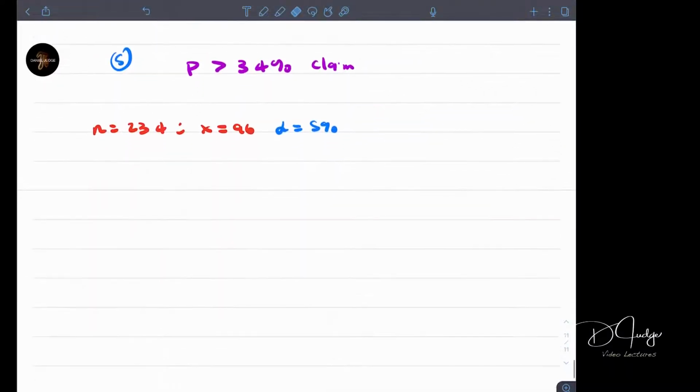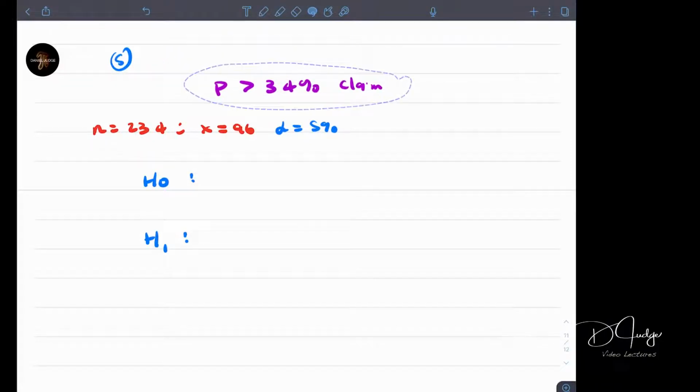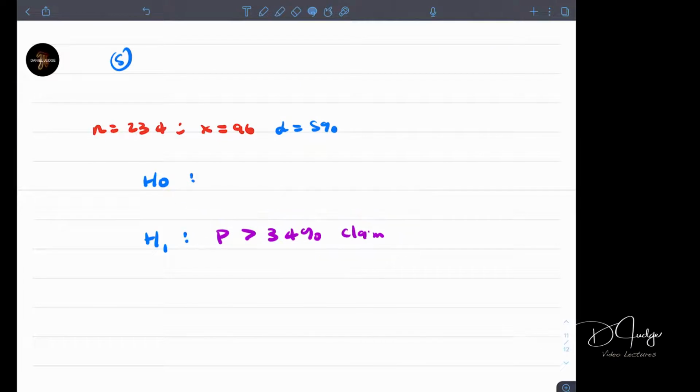All right, let's write all this stuff down here. H naught, H1. So where does that null hypothesis belong? Notice where it goes. This does not involve a condition of equality, so it's an alternate hypothesis. And I'm going to change 34% here to 0.34, okay?